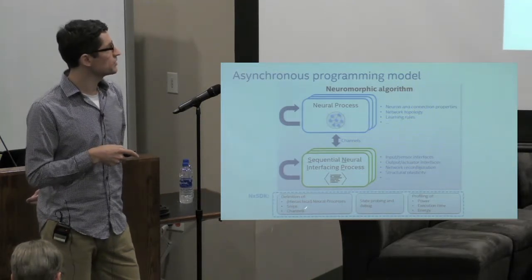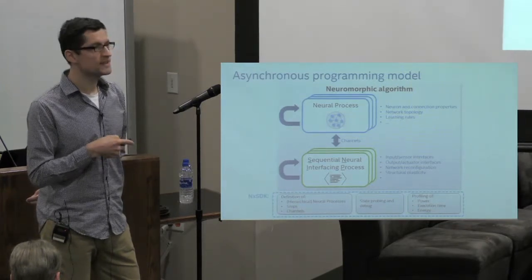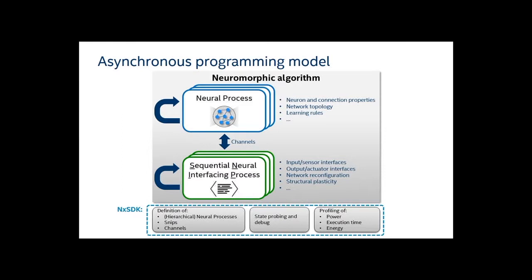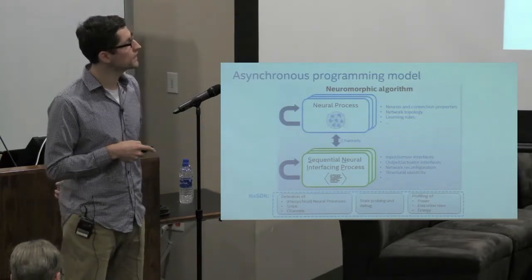And the SDK, of course, allows you to define all these components that make up your neuromorphic algorithms. So it allows you to define these neural processes, these sequential processes, and the channels in between. It allows you to do state probing for debug and diagnostics, to understand what's going on in your system and how your algorithm behaves.